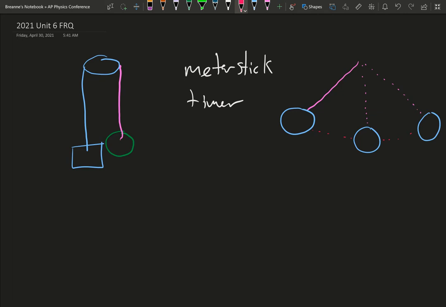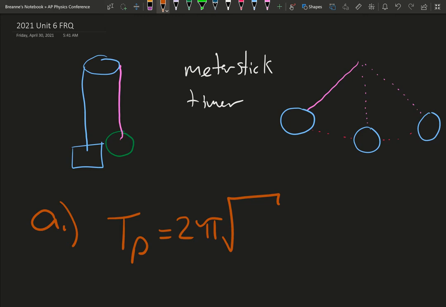And so to answer part A, the equation you would use, and this equation is on your formula chart, is the period for a pendulum equals 2 pi square root of L divided by g. That g is your gravitation.